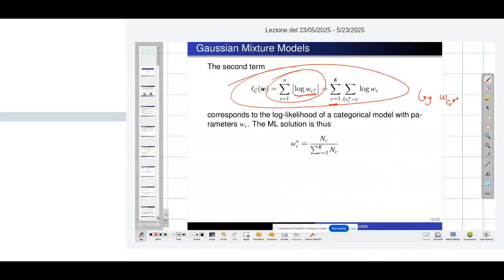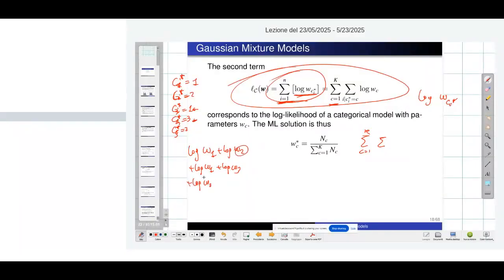How can we represent it in a compact way? Well, it's essentially the same as what we did when we discussed the multinomial model. If I have, let's make it 5 samples, with cluster labels Ci star 1, Ci star 2, Ci star 1 again, Ci star 3, and Ci star 2 again, then this sum will be log of W1 plus log of W2 plus log of W1 again plus log of W3 plus log of W2.